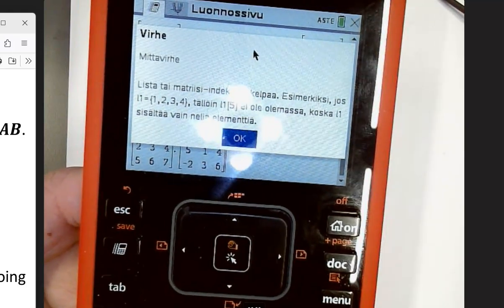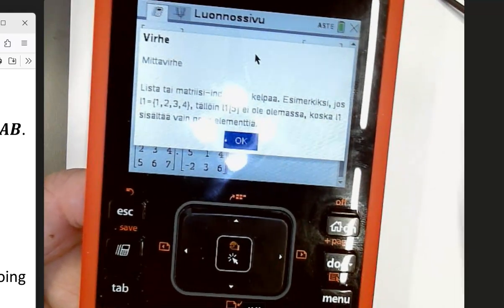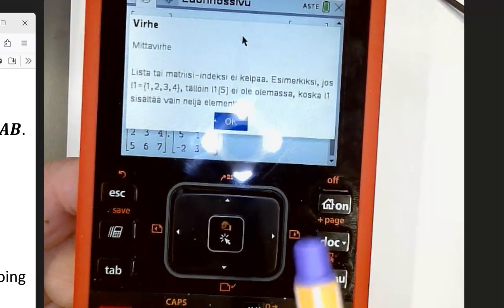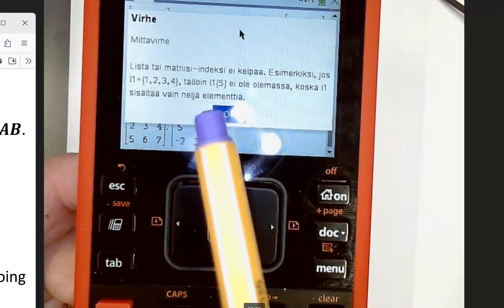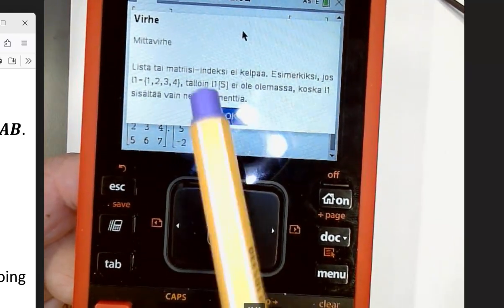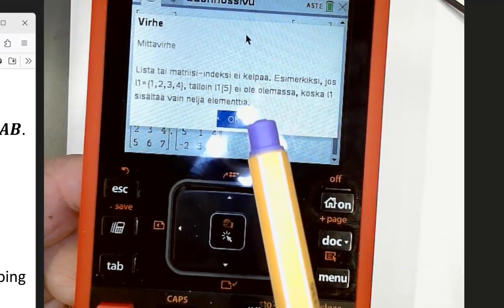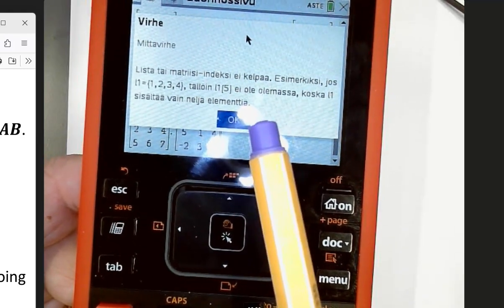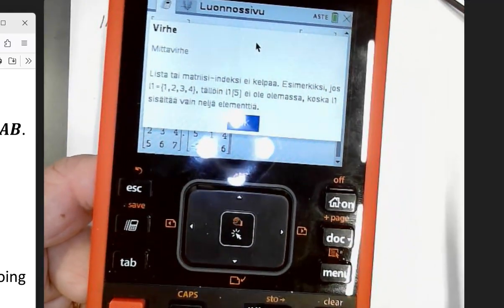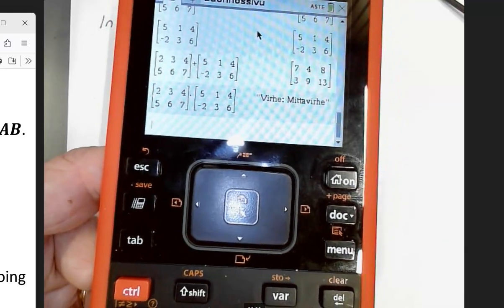Mittavirhe is not exact. Mitta is a measure in Finnish, virhe is error, but this is not any measure error, but you can probably understand what this means. Freely translated, this kind of matrix multiplication is not possible because there are not enough elements in those matrices, so it is not possible to calculate it.